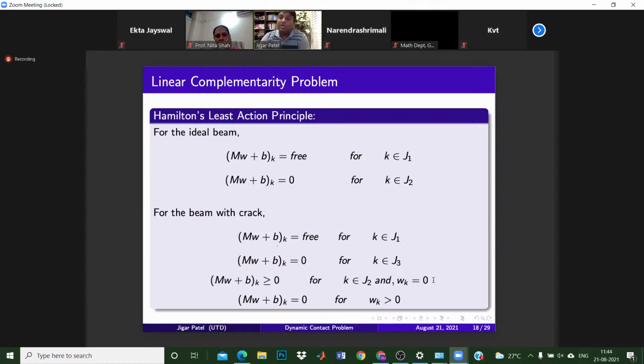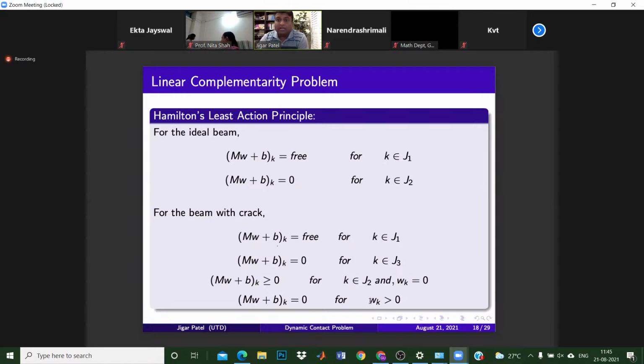So if WK itself is 0, imagine the next WK plus 1, it is going to be greater than or equal to 0, meaning the crack is either closed or there is a gap. And then MW plus B at K is 0 whenever WK is already positive. When the crack is open, it will try to minimize the total energy.